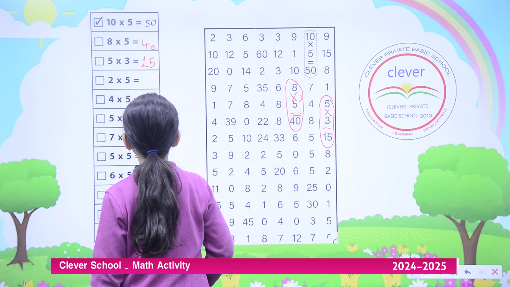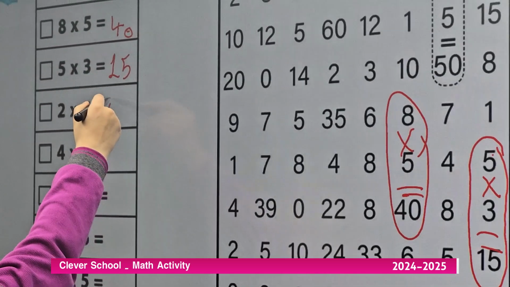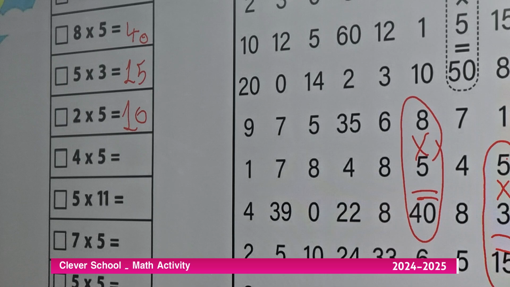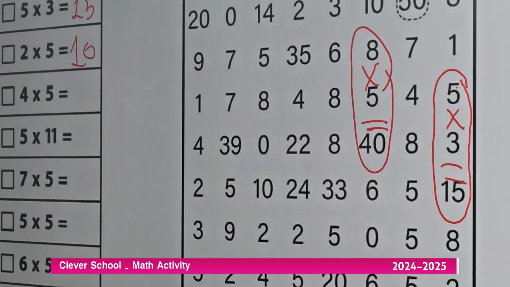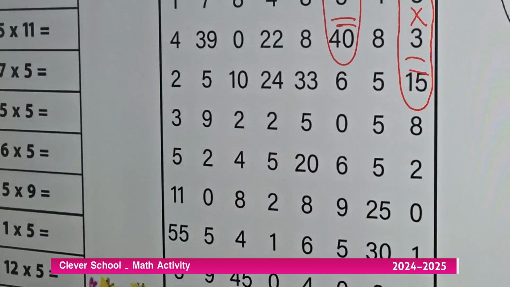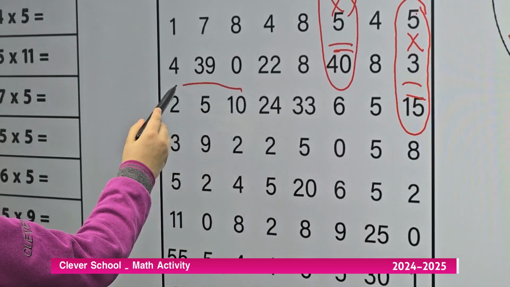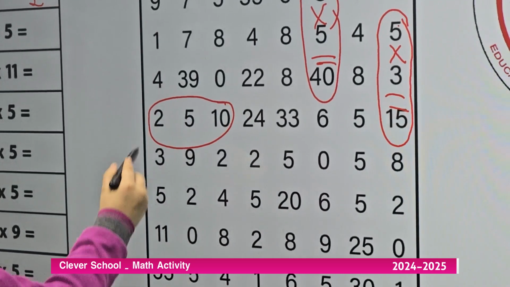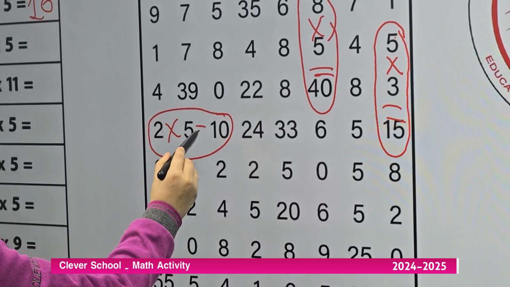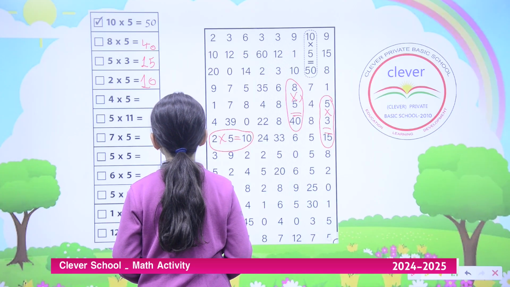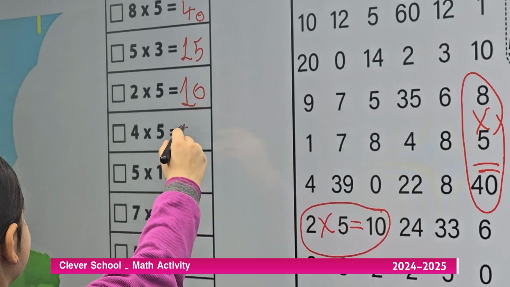Two by 5 equals 10. Four by 5 equals 20.